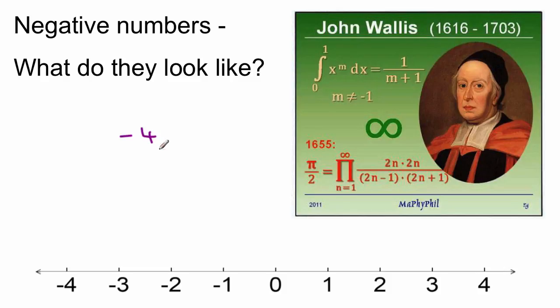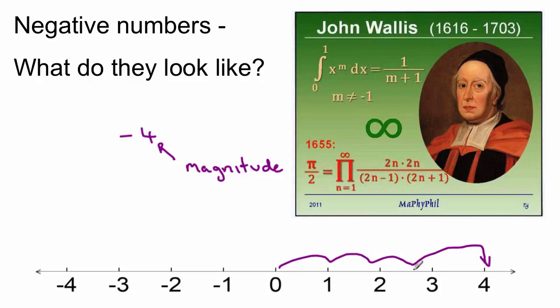So, for example, in here, the number 4 is actually a size or a magnitude. We call it this. And what that means is that I can go 4 places this way, right up to here, and go 4 places this way, and I've gone exactly the same number of spaces.